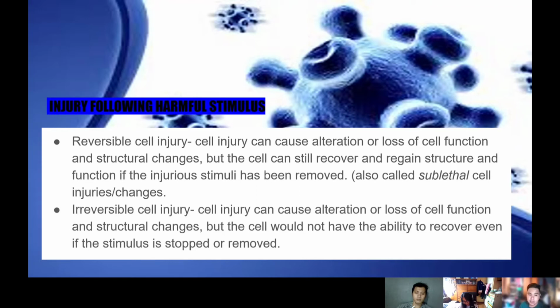Basically, reversible cell injury is a loss of cell function but it can return; they can recover. Okay, second, irreversible cell injury. Cell injury can cause alteration or loss of cell function, same with the first one, and structural changes, but the cell would not have the ability to recover even if the stimulus is stopped or removed. This is the one that no longer recovers, irreversible cell injury.